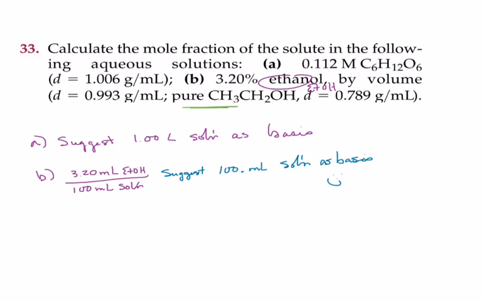Let's hold that thought. Nope, this one. Final answer. The first density is the density of the solution, soln. The next density is the density of the pure ethanol. Okay, and that's it.